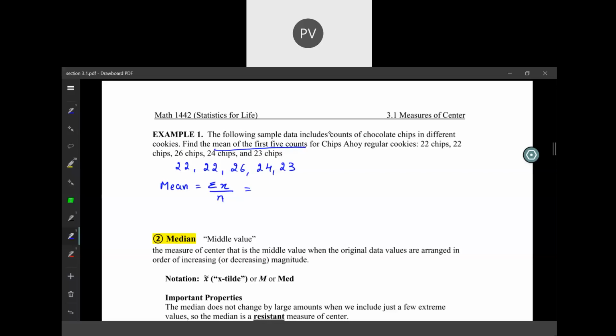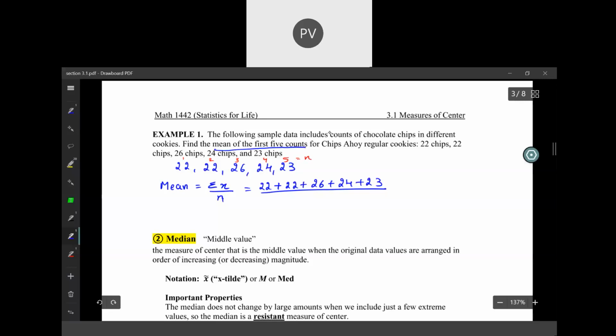So I will be adding 22 plus 22 plus 26 plus 24 plus 23, divided by the number of data values: 1, 2, 3, 4, 5, which is n.